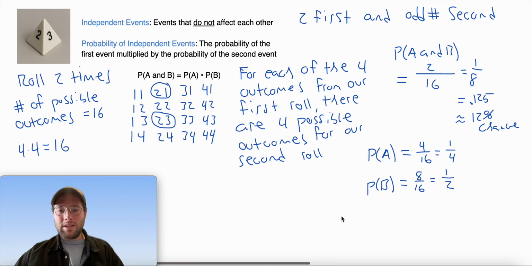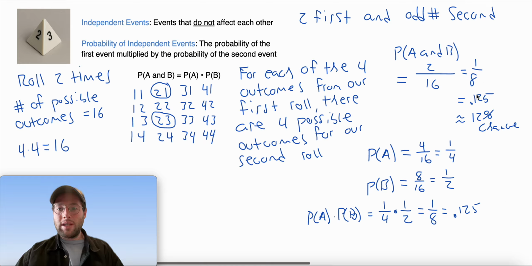And so the probability of A times the probability of B equals 1/4 times 1/2, which equals 1/8. And again, that's approximately 0.125.